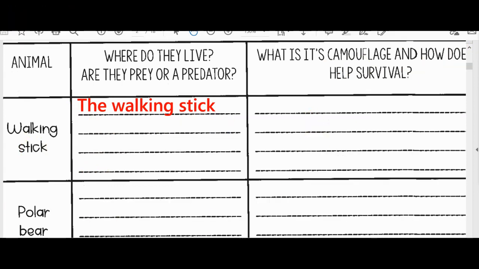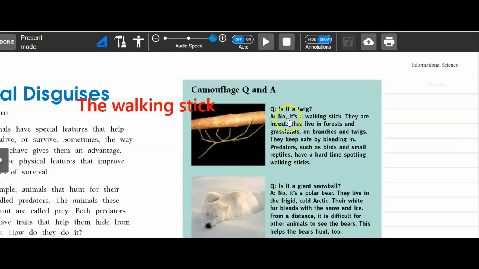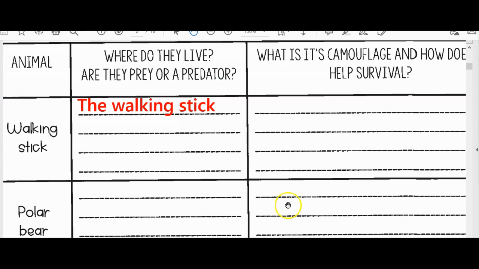Made a little mistake. Actually, right here it says the walking stick lives in the forest and grasslands. Now let's go back to this. So the walking stick lives in the forest and grasslands.